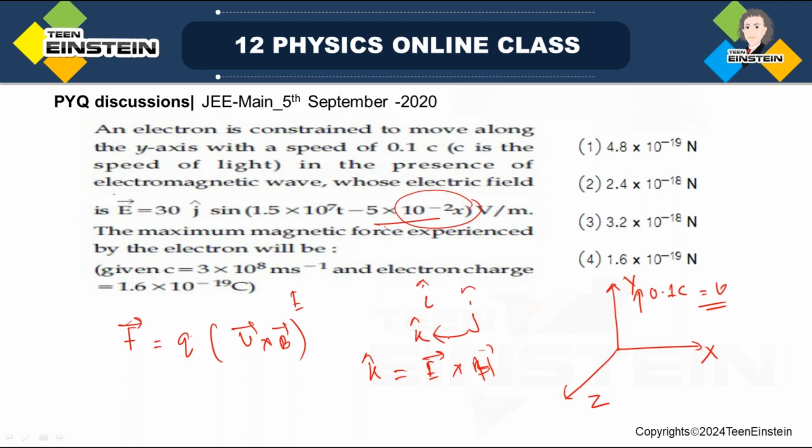So E cross H means this, so H must be along the z direction, so B must be along the z direction. That is fine.